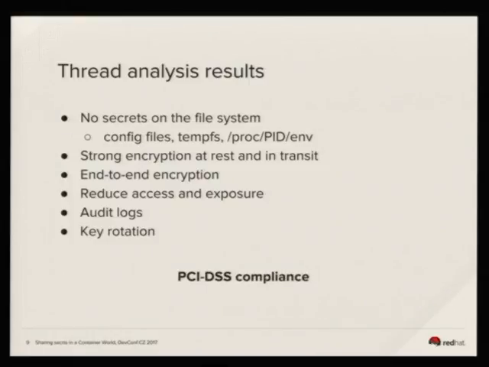That boils down to, if you go to the enterprise, PCI DSS compliance for banking: there are very strict rules that you have to obey to use secrets. We have bank customers that want to use containers but currently have trouble, because they have to obey PCI DSS compliance rules.